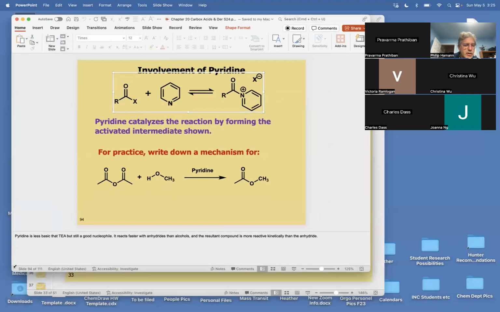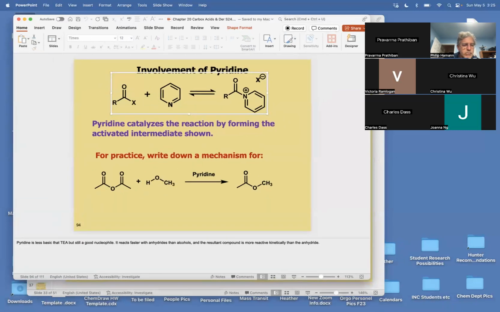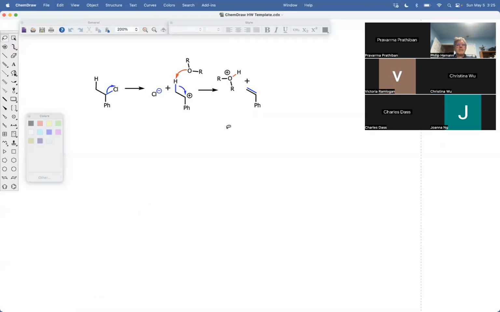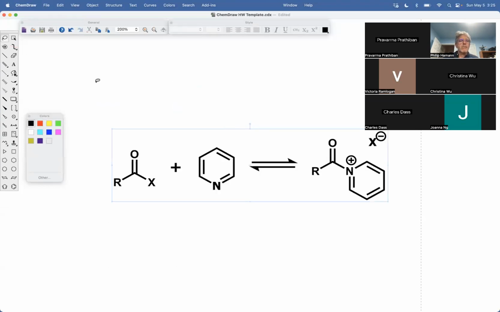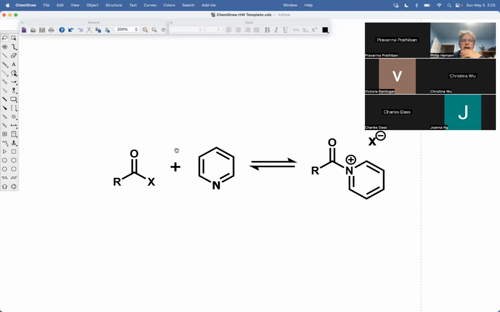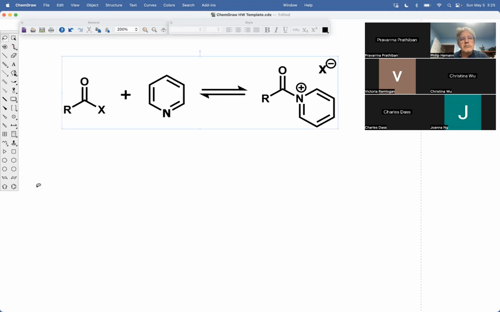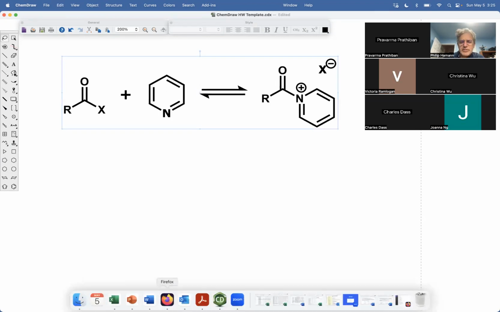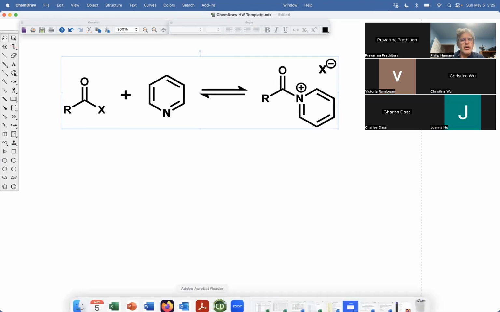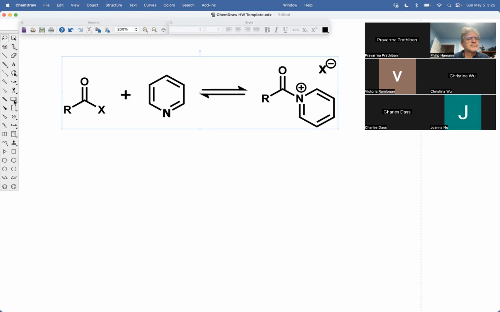I have a file open, and it's no longer ChemDraw. Oh, well. What's the mechanism we're looking for? Esterification or no, amide formation? It's with pyridine, the anhydride, and methanol.